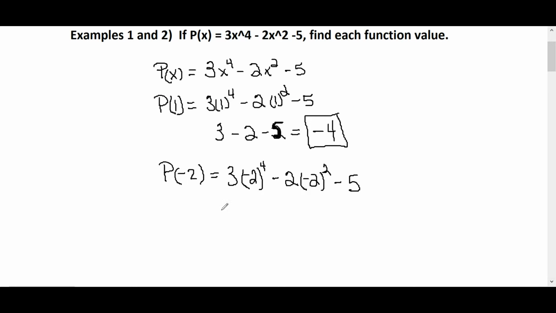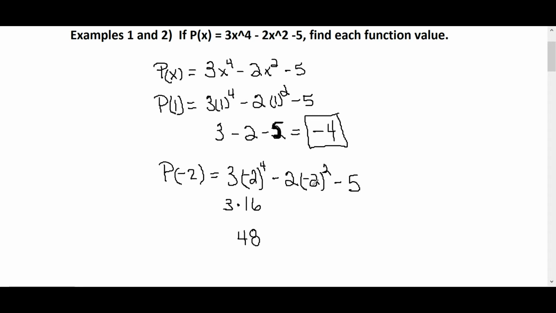Okay, so what does this evaluate to? Now, you can use your calculator, of course, but I like doing things manually. So I got negative 2 to the 4th power, which is negative 2 times negative 2 times negative 2 times negative 2, which is 16. And 16 times 3 is 48.